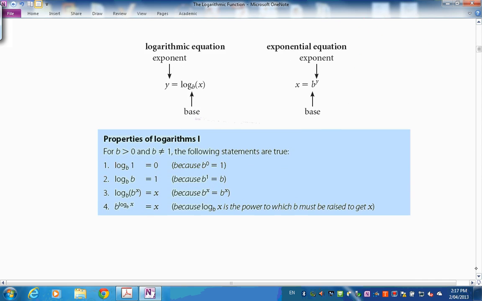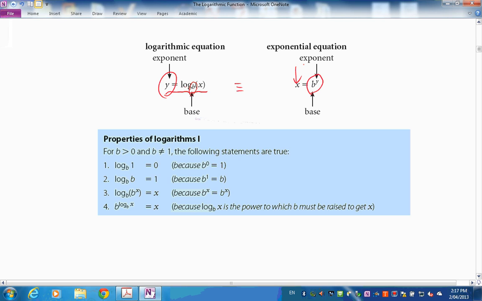And so here we are. Here's some rules. A logarithmic equation would be y is the log to the base b of x. And what's equivalent to that? Well, of course, these are equivalent, because if y is the log to the base b, what does that mean? y is the power of b required to get the number. So really, these are alternative definitions of that relationship.